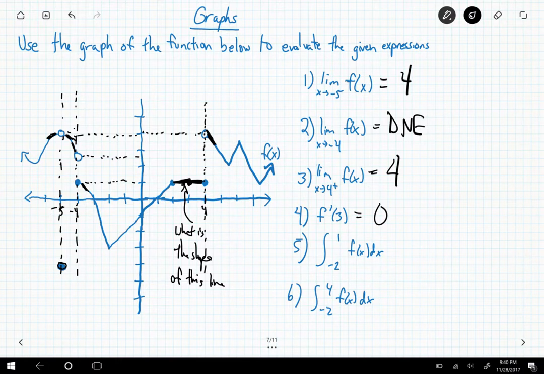Okay, now on to our next part. The integral from -2 to 1 of f of x dx. Notice this makes a nice shape. We have going from here, and then there's 1 right there. We want to shade this area in. And remember, it's a negative value.